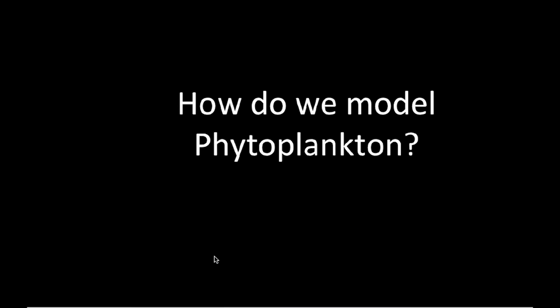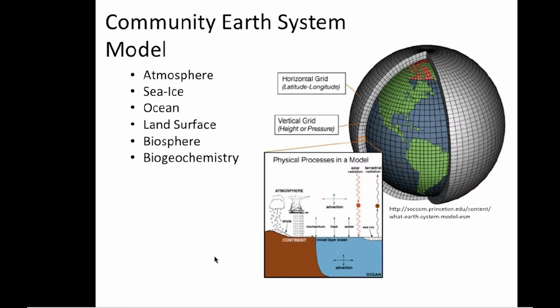So how do we model phytoplankton? We use Earth system models, specifically the Community Earth System Model. These models are capable of simulating atmospheric, sea ice, ocean, and land surface processes, with biosphere and biogeochemistry recently being added. And within biogeochemistry is phytoplankton.